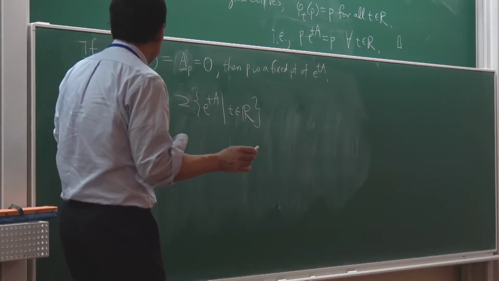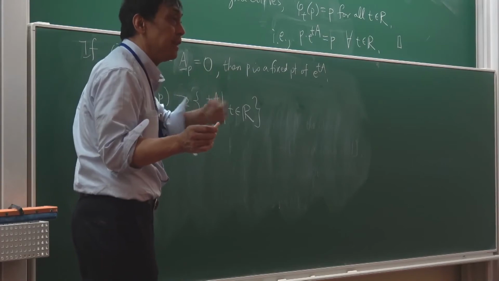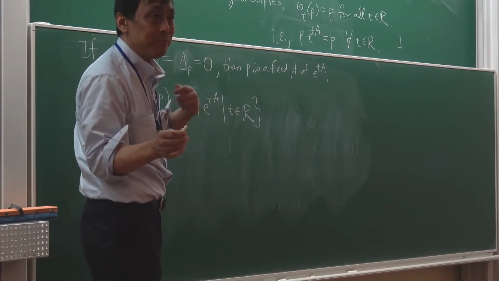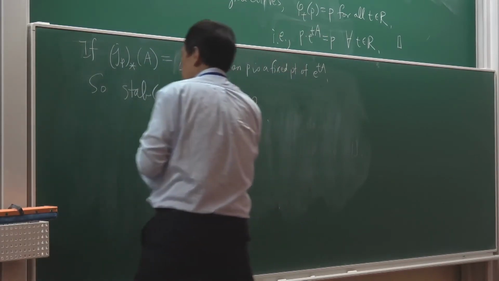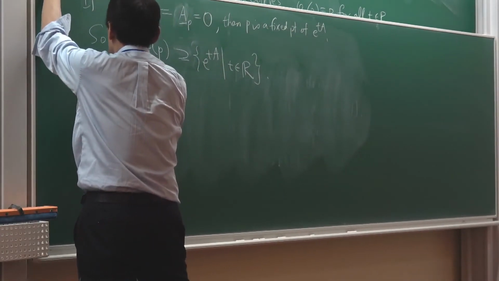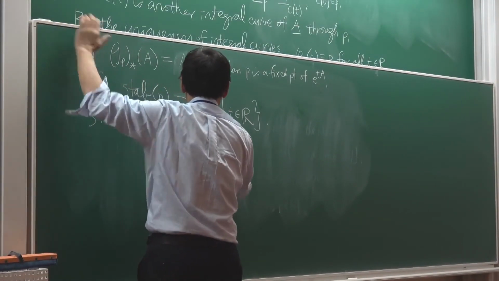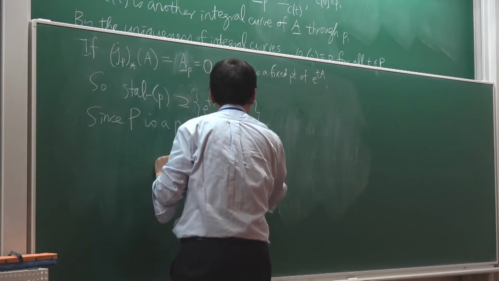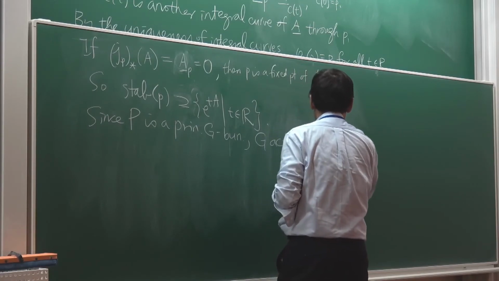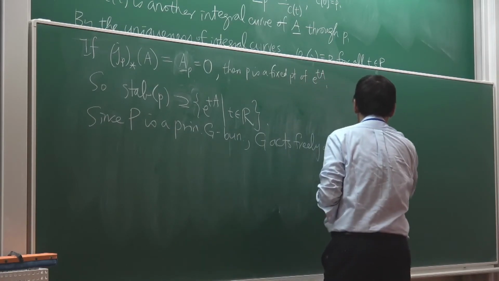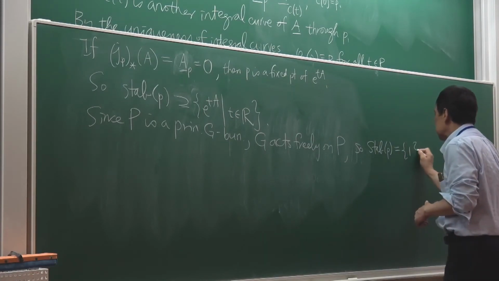But because P is a principal bundle, G acts freely on it. So the stabilizer of every point is just the identity. So since P is a principal G bundle, G acts freely on P, so the stabilizer of any P is just the identity.